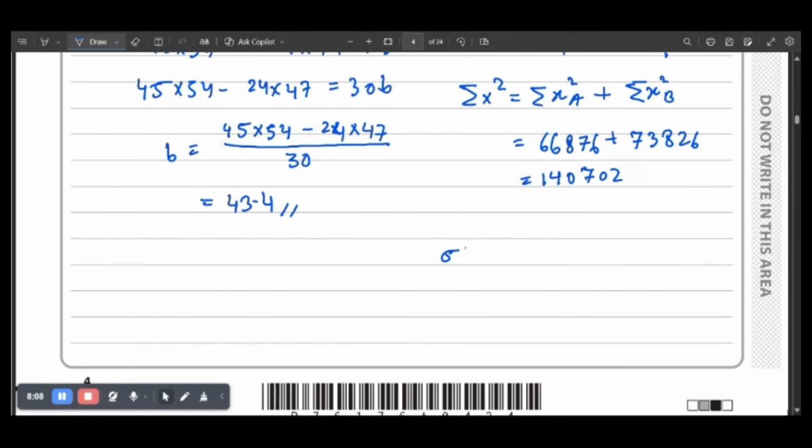So to calculate standard deviation, we have to root the mean of the squares, and we have to subtract the square of the mean. We already know the sum of x square, so we can just substitute each value at the particular place in the formula.